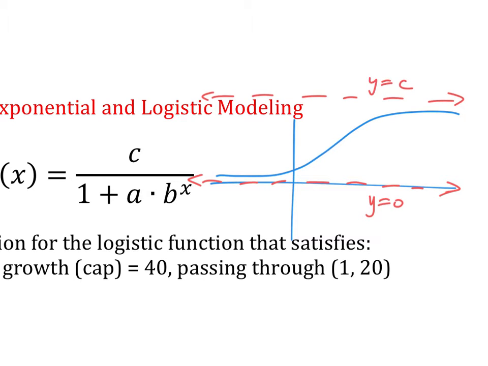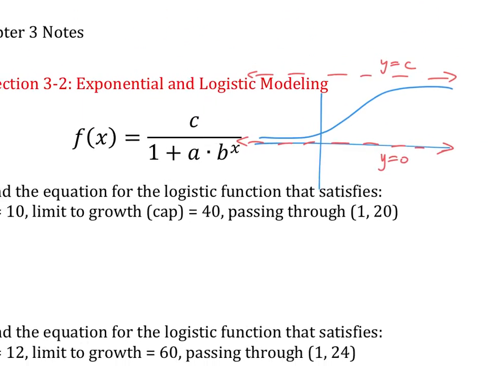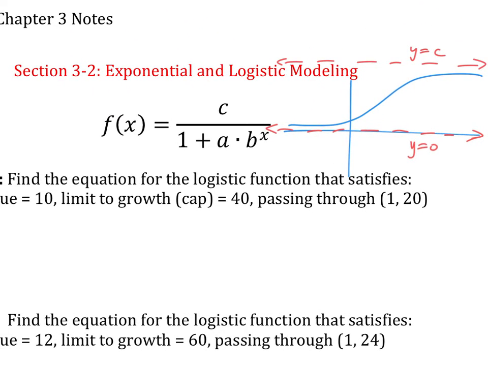I'll show you how you can figure that out on your own without just memorizing this. Either way, this logistic function pretty much always looks like this. It definitely, for sure, has two asymptotes, one on the bottom and one on the top.